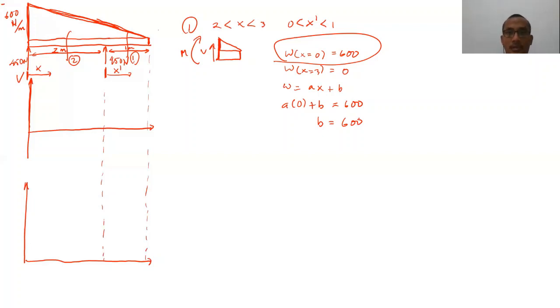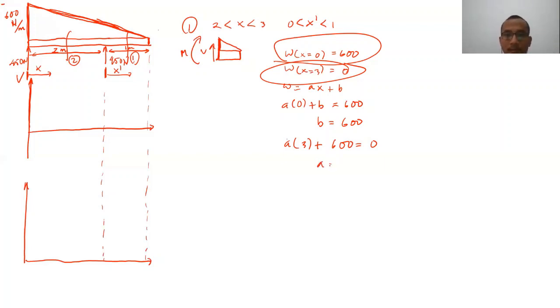Then using the second one, at x equal to 3, W is equal to 0. So at x equal to 3, A times 3 plus B equal to 0. But remember, we already know the value of B. The value of B here is 600. So just put it there.